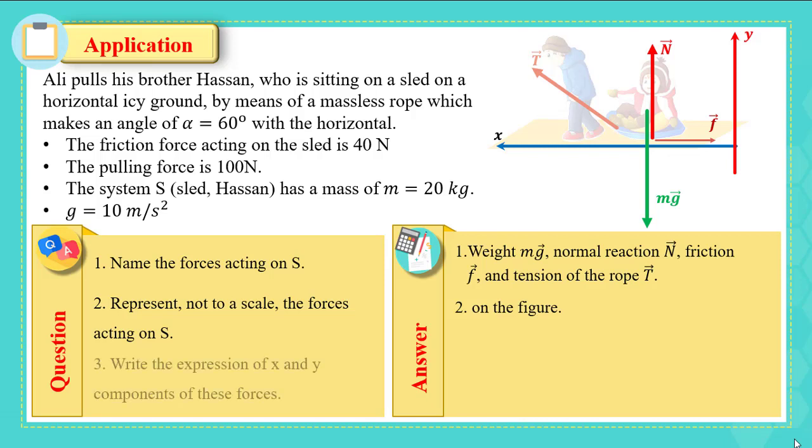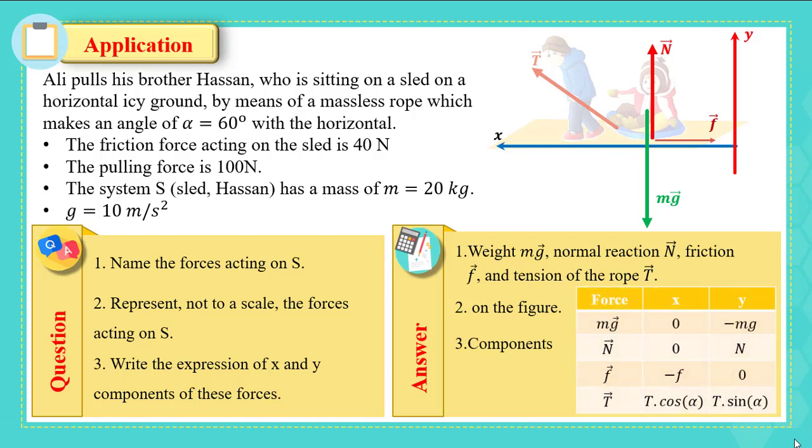Question 3. Write the expression of X and Y components of these forces. We represented them in this table. mg, since it's vertically downward, then its X component is 0 and its Y component is minus mg.